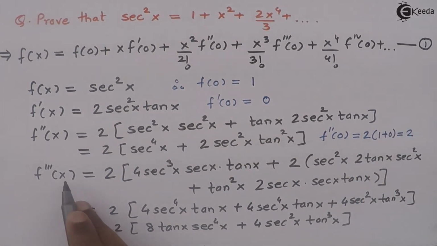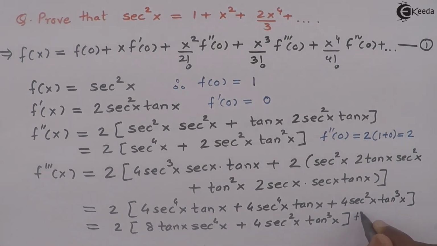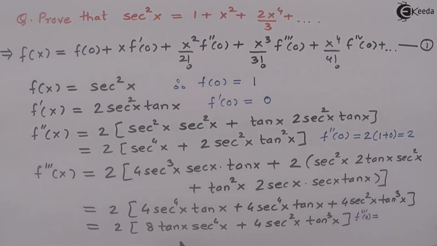Similarly, to get the third derivative, f triple dash of 0 equals, here tan 0 is 0, tan 0 is 0, so both terms are 0, and 2 into 0 is 0, so the third derivative is also 0.